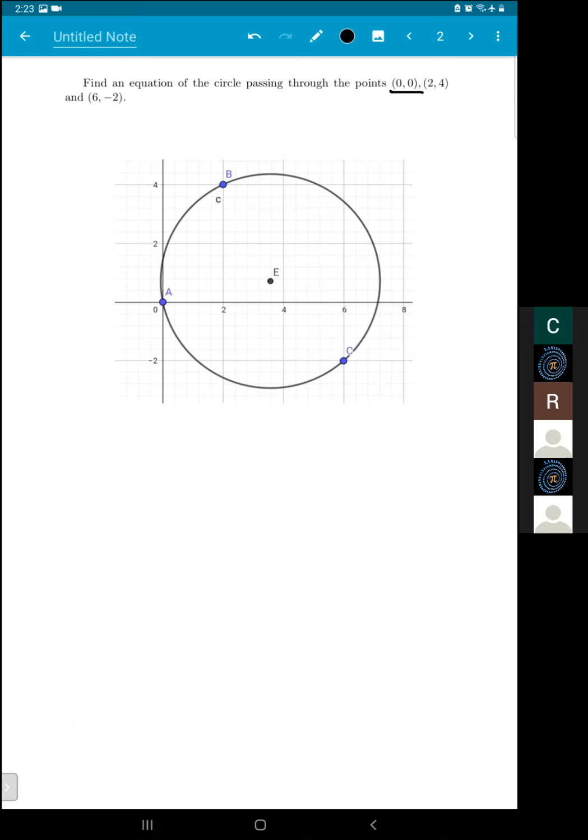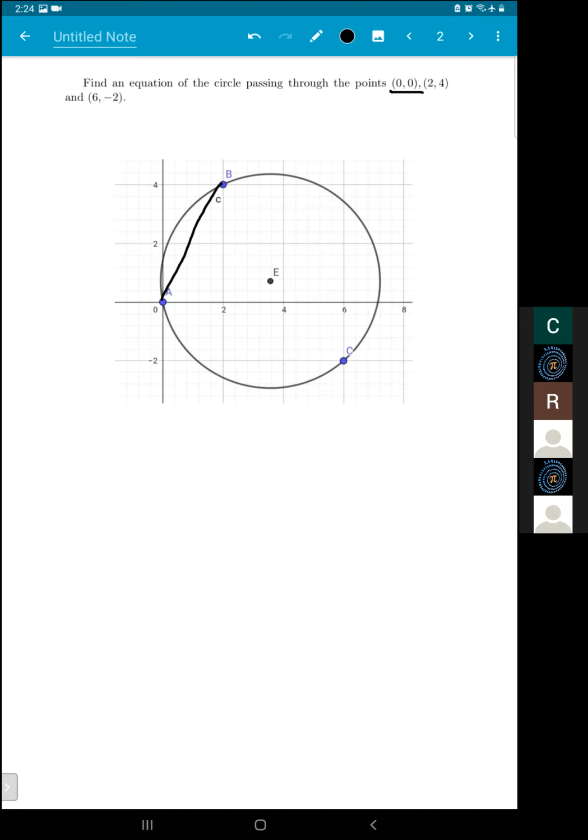Okay, but there's another property of circles where if you draw the chord joining any 2 points on the circle, anyone familiar with that property? A chord is any line segment whose endpoints are on the circle. So a chord joins 2 points on the circle.